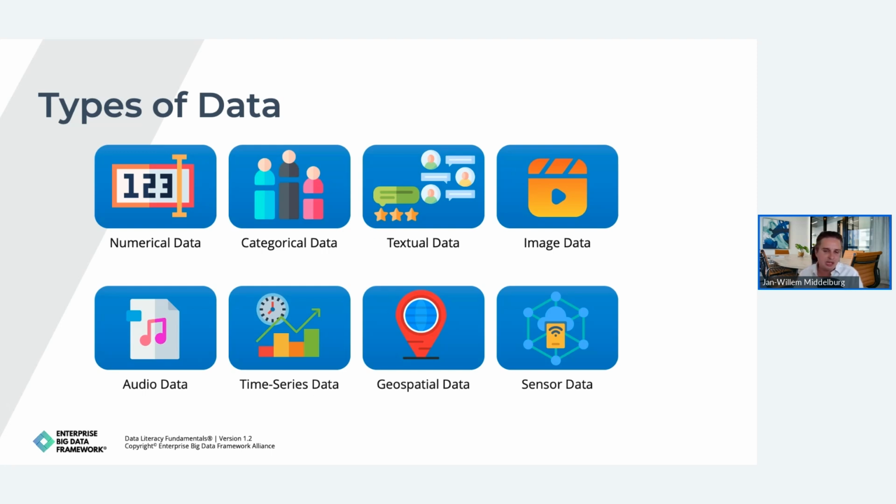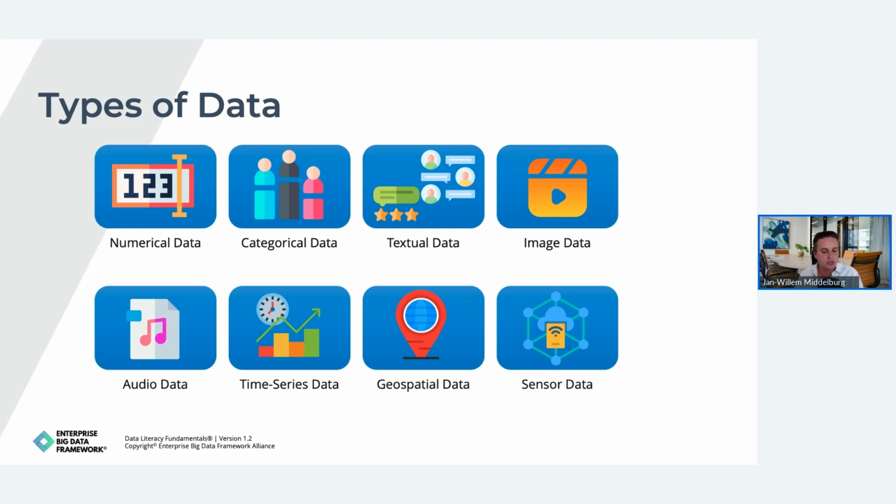If you're snapping pictures with your phone or videos, you are creating image data, audio data, and in many cases, even audio-visual data. And in many cases, that will have an impact also over time, which is time series data. A movie, if you think more deeply about it, is nothing else than a number of images put into a specific timeline. And then we have the more complex data structures, like geospatial data and sensory data.